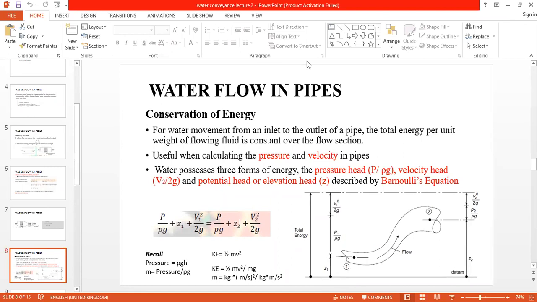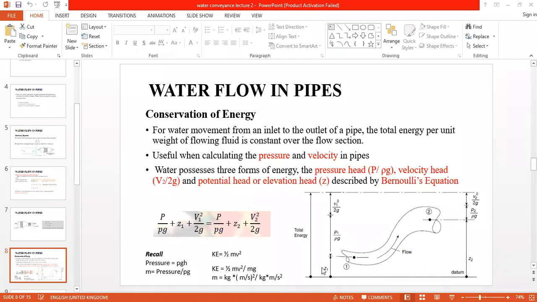But when Z changes, it means that the other two forms of energy have to change as well. So as the Z has increased, these other ones have to reduce so that the total energy at this point and at this point are equal. So this line will represent the total energy.